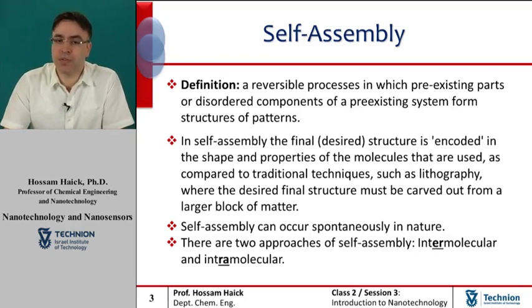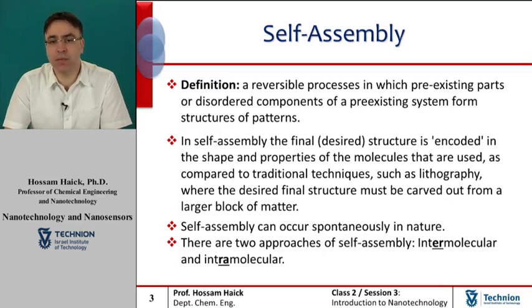There are 2 types of self-assembly: intramolecular self-assembly and intermolecular self-assembly. In intramolecular self-assembly, molecules are often complex polymers with the ability to assemble from a random coil conformation into a well-defined stable structure. An example of intramolecular self-assembly is protein folding.